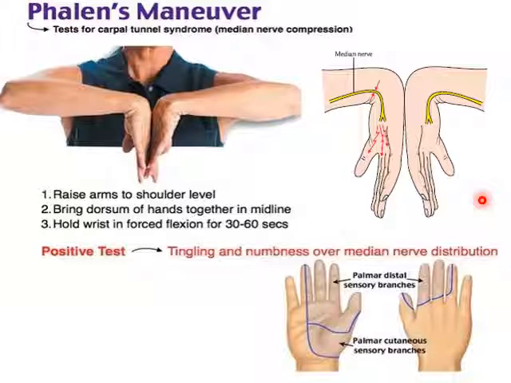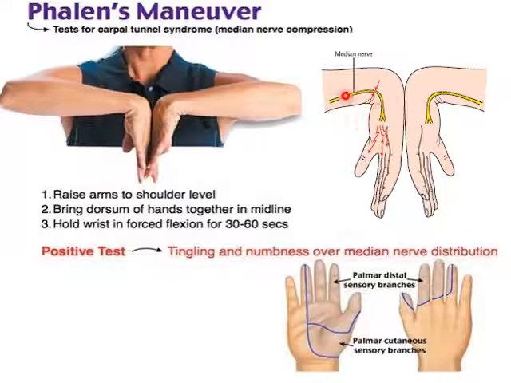So how do we test median nerve injuries? This can be tested by the phalen maneuver. When the injury is in the carpal tunnel, you should ask the patient to raise the arms to shoulder level and flex the wrists so that the backs of the hands approximate each other, and to be kept in this position for about 60 seconds.